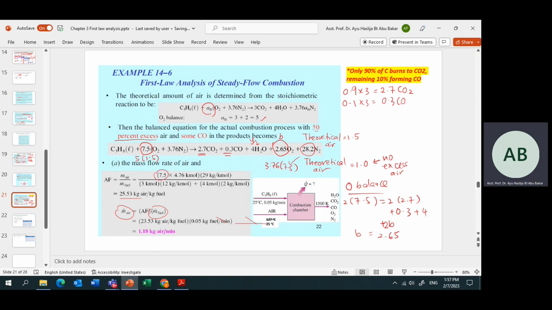This is your A actual multiplied by 4.76 multiplied by the molecular weight of the air divided by M fuel. Okay, you get the AF. Once you get the AF, plug it into the equation over here, then you will get M dot air. M dot fuel 0.05 is given already. So this is your M dot air.